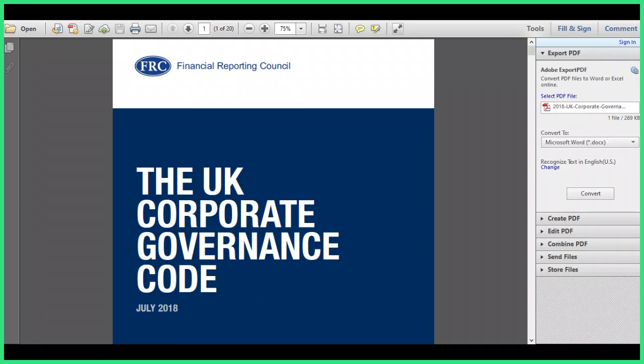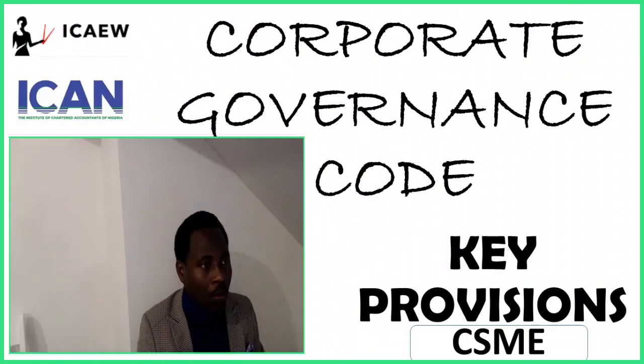The Code of Corporate Governance is divided into 5 parts, and today we are going to be dealing with the key provisions. The first section deals with board leadership and company purpose.